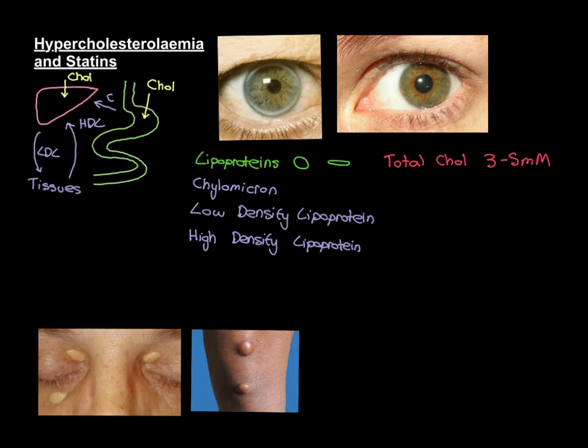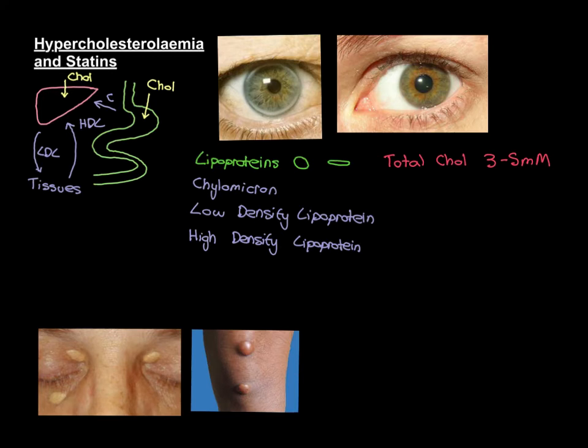Now, biomedical scientists are actually cleverer than that, however. They can actually work out what the concentration of cholesterol in different types of lipoprotein is. So instead of taking cholesterol from every single type of lipoprotein and adding it all up, they can say, let's just take the cholesterol from, let's say, LDL, add all of that up and work out the concentration of LDL cholesterol within the bloodstream.